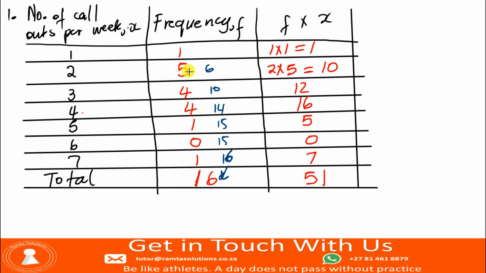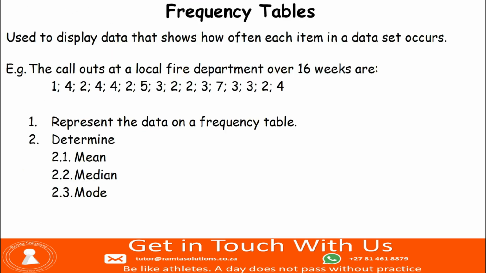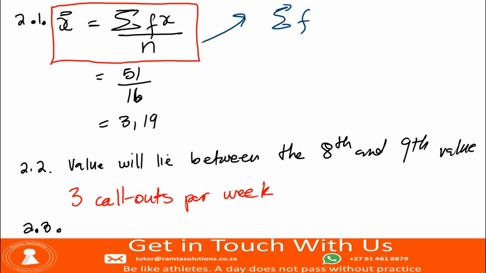As you can see, there were many 2 callouts per week. So our answer is 2 callouts per week. That's our mode. Remember, the mode is the value that appears the most in a data set.